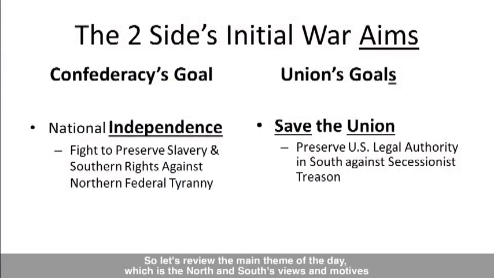So let's review the main theme of the day, which is the North and South's views and motives about what caused the war and what they were fighting for. Each side's take on the great controversy over slavery's expansion that caused the Civil War.